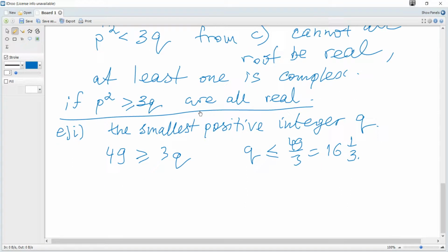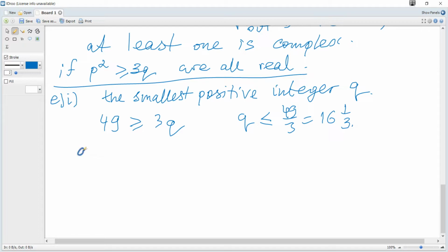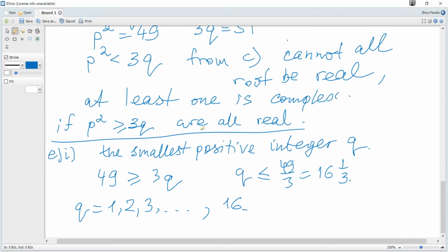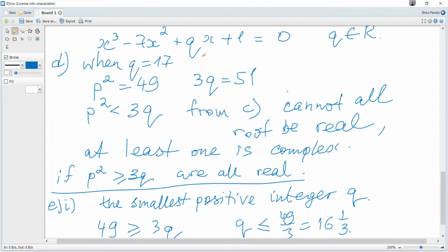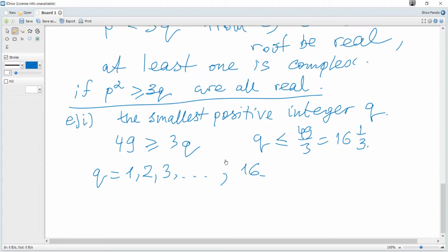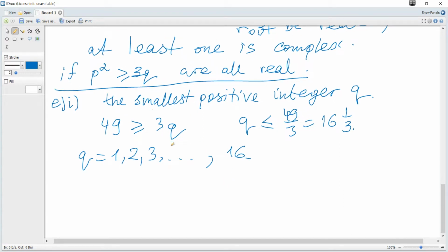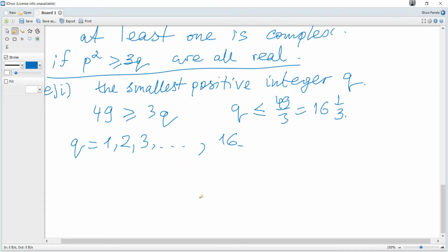Since q is a positive integer, possible values of q are 1, 2, 3, and so on up to 16, and we need to find the smallest positive integer q so that this polynomial has at least one complex root, instead of all three real roots, to disprove this conjecture.